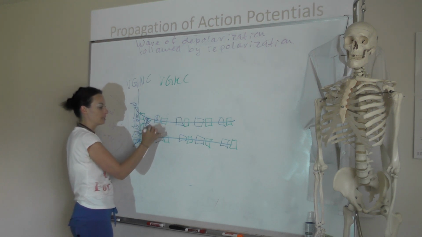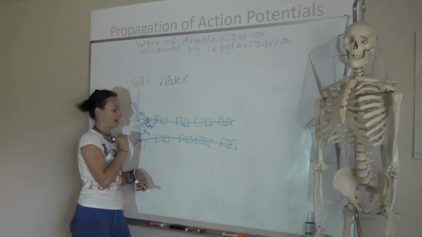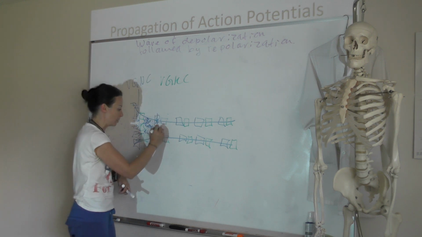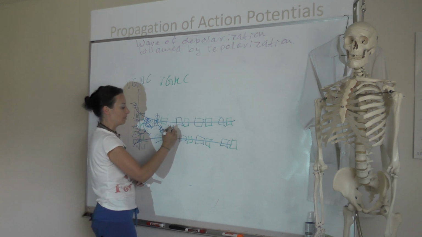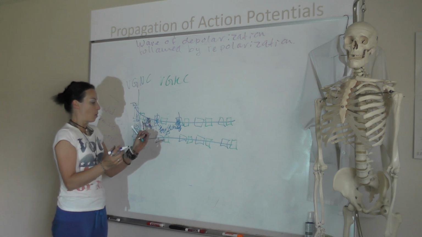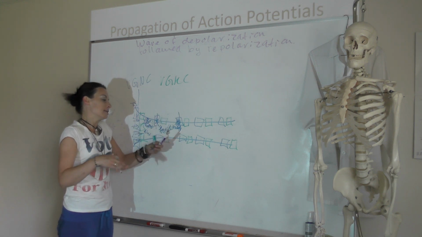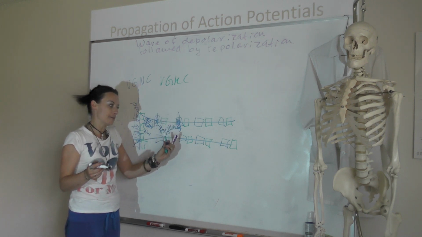What's the threshold for this voltage-gated sodium channel? -55. +30 is way higher than that. So this one's going to open, and sodium's going to rush into the cell, way above the threshold for this voltage-gated sodium channel, so it's going to open, and sodium's going to dump in. I think some books call this a positive feedback loop.